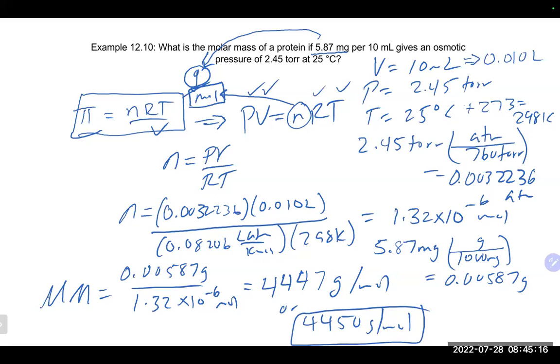Any questions on that? So pretty much identical. The good news is osmotic pressure is pretty much identical to the ideal gas law, and obviously that application, like we did molar mass earlier. Any questions on that one there?